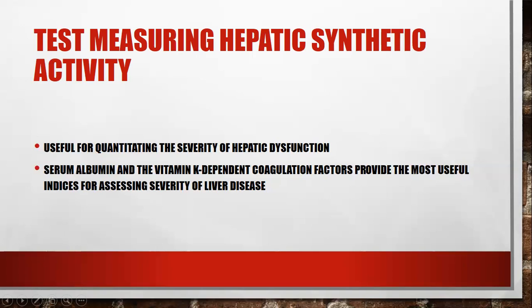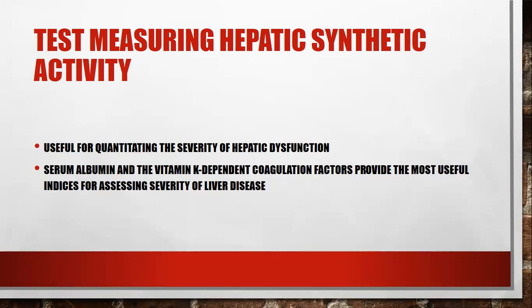Why? Because when there is hepatic dysfunction, your liver will not be capable of synthesizing these normal components. So normally if we determine its level in the serum, when there is severe hepatic dysfunction, there would be decreased amounts of these substances, particularly for example your total protein, which is mainly synthesized in the liver.